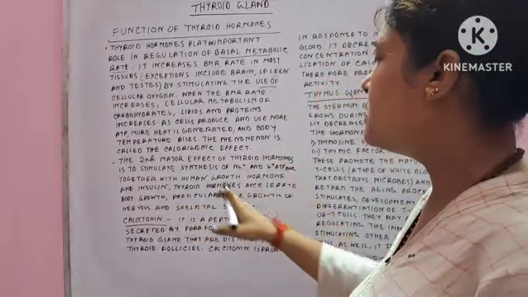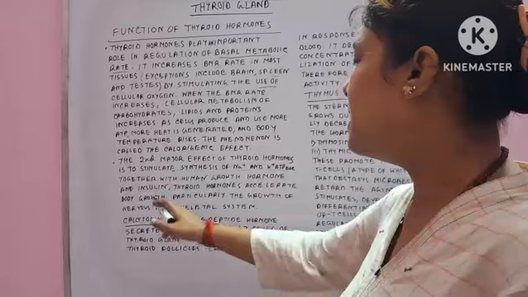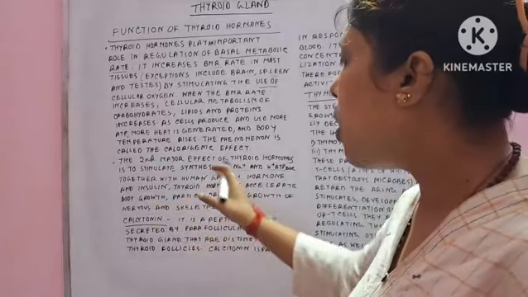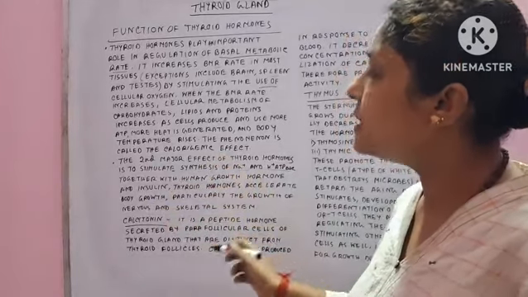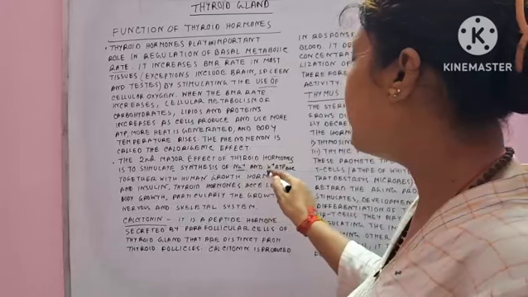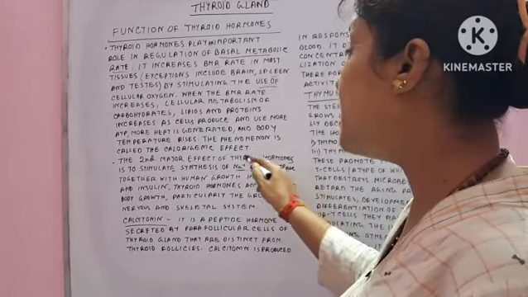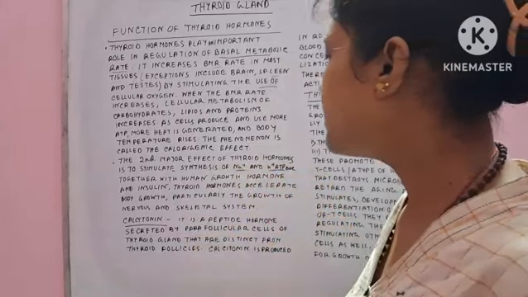Actually, this thyroid hormone generally accelerates the body growth and the nervous and skeletal system growth. All the growths are controlled by this thyroid hormone. And here it stimulates the synthesis of the sodium and potassium ATPase.